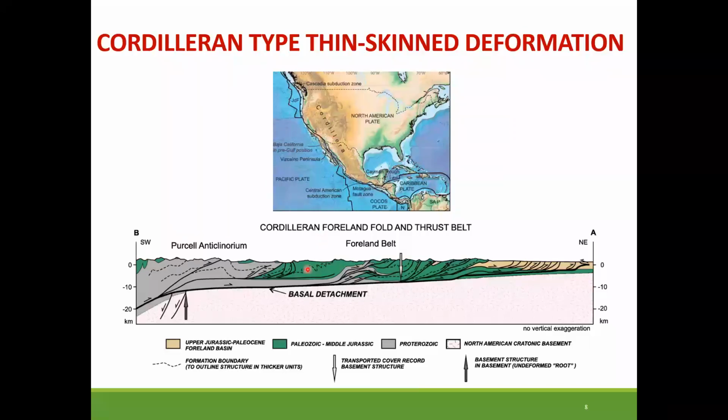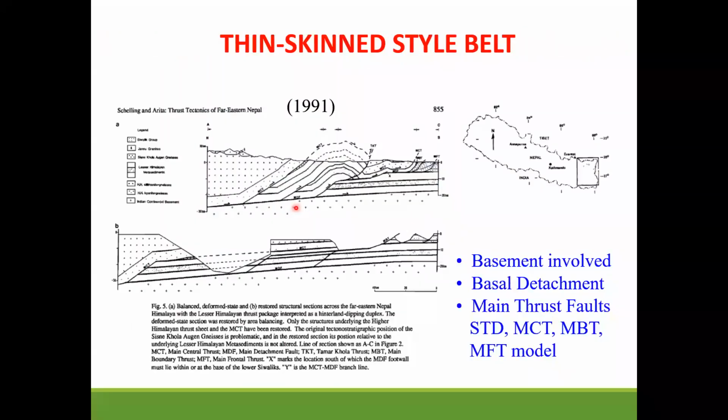So there were sections, again, this is 1991. This was probably the first section on this thin-skin style of tectonics, where basically you had a fault or the decollement that was separating basement, which is in cross here, and the sedimentary section, which is this layering.